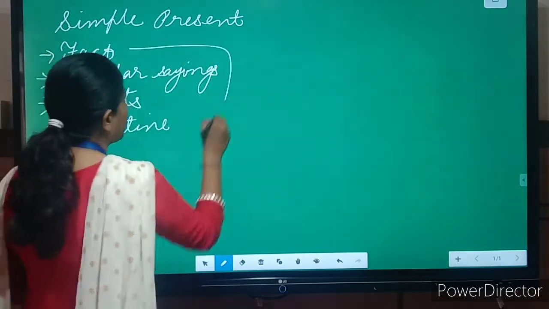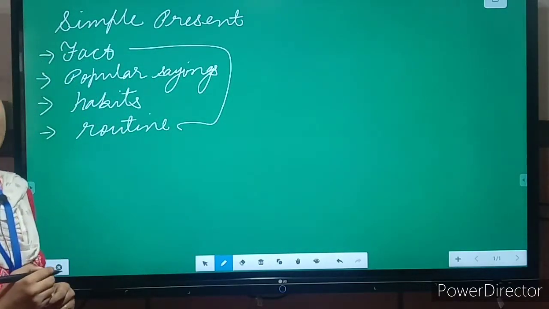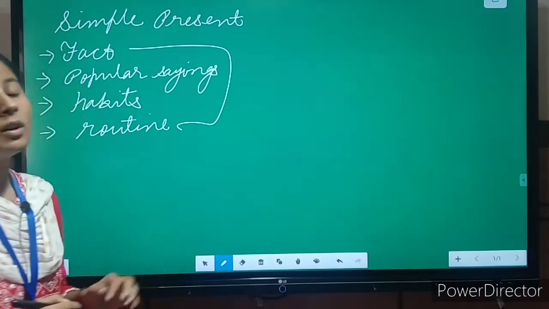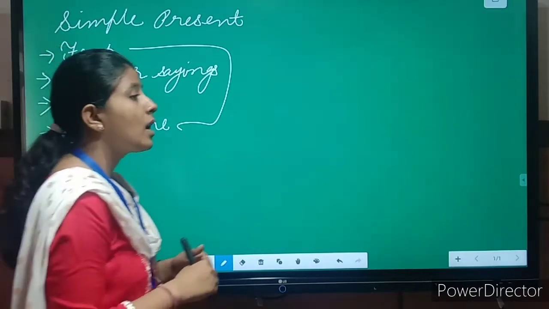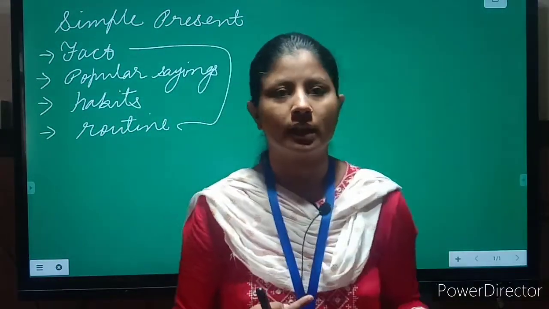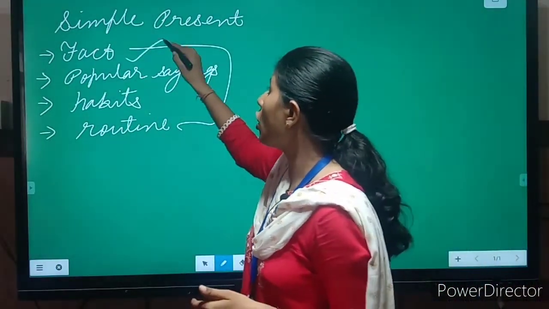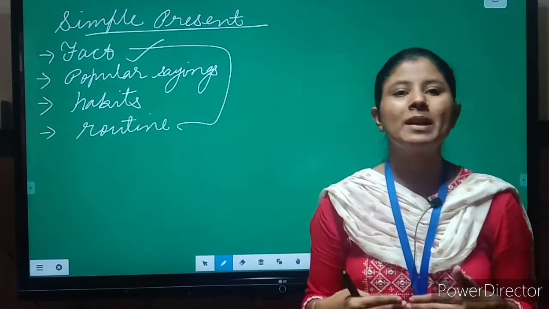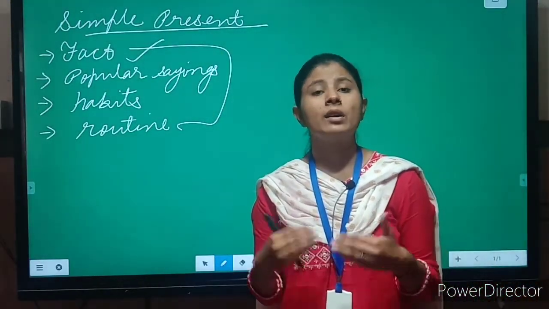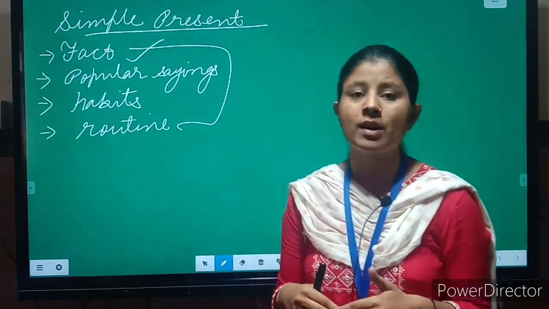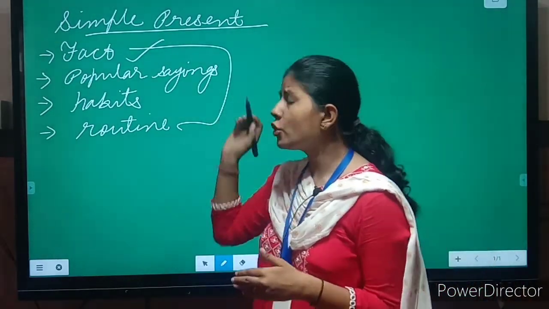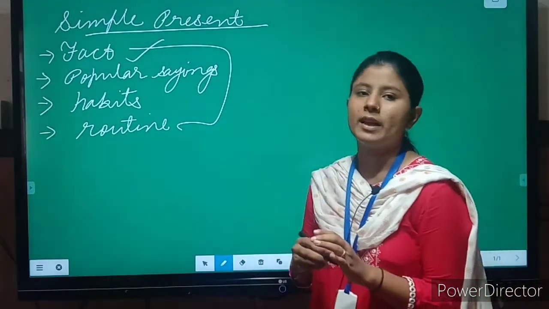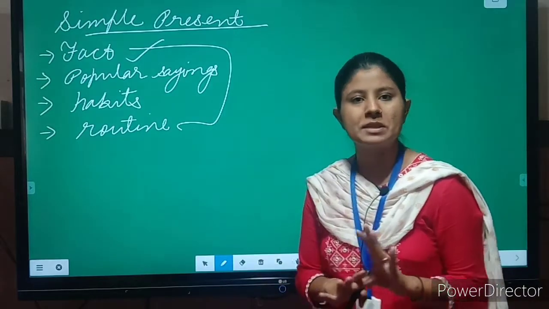For example, the earth moves around the sun. So this is a fact, so it will always be in the present simple tense. And students, the headings of newspapers, if you have ever read an English newspaper, you will see that the newspaper headings are always in the present simple tense. So this is how we use the present simple tense.